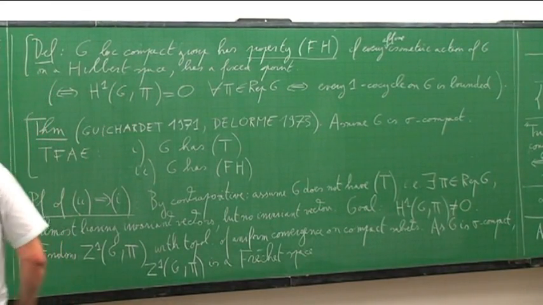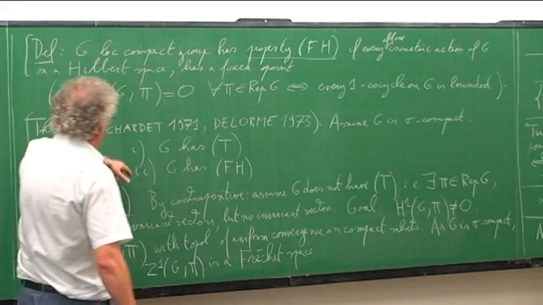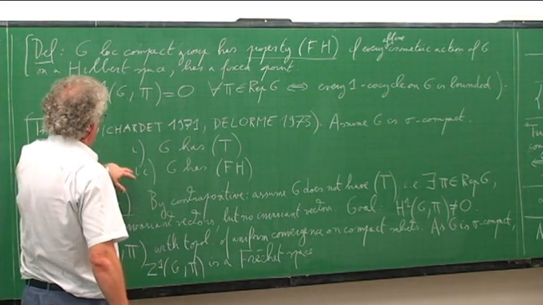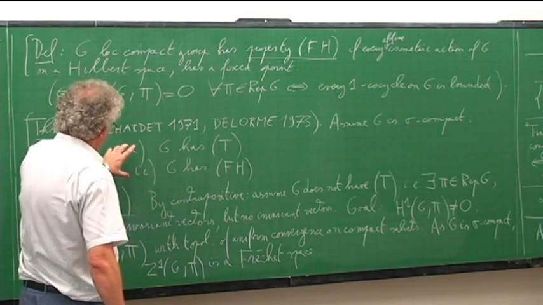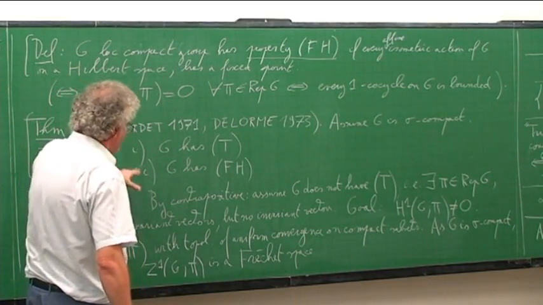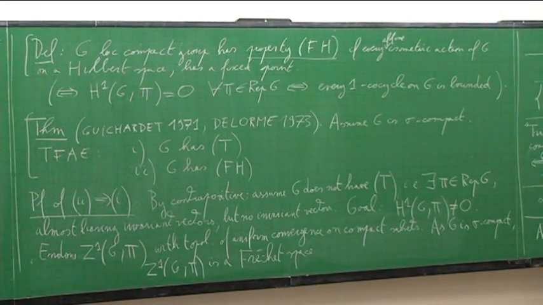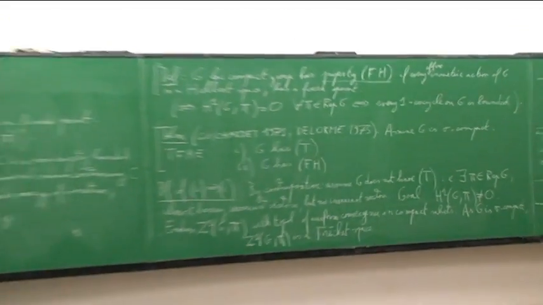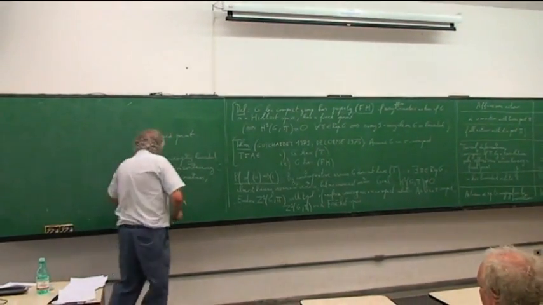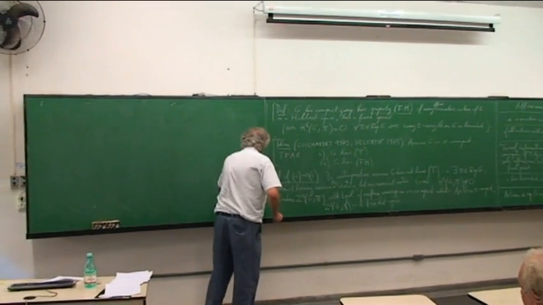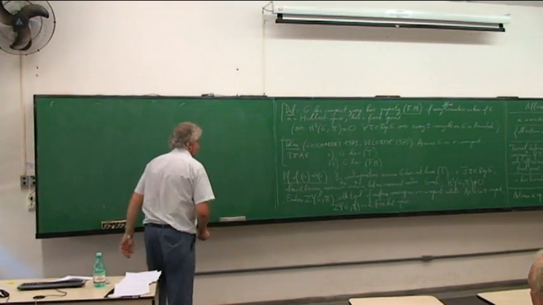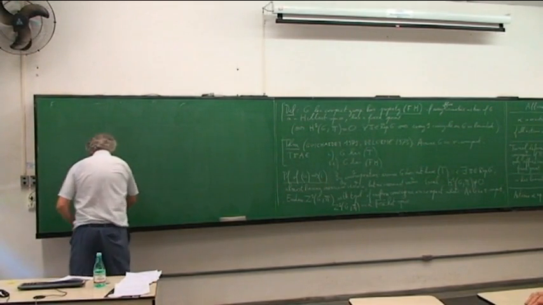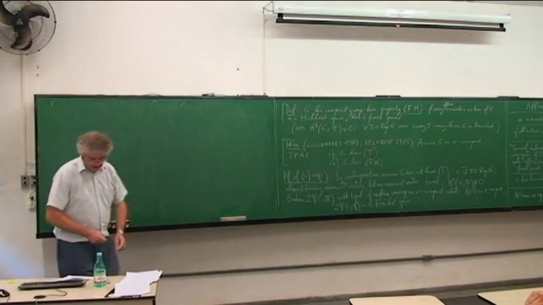In some sense, this was used to prove that for general locally compact groups, this equivalence is not true. So you really need sigma compactness. Anyway, so it's a Fréchet space.